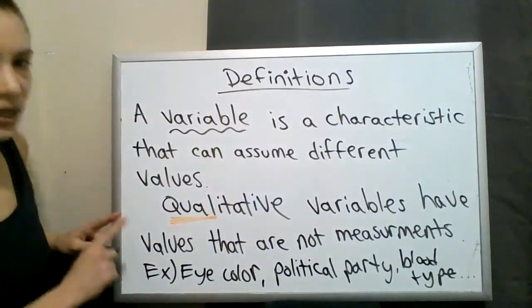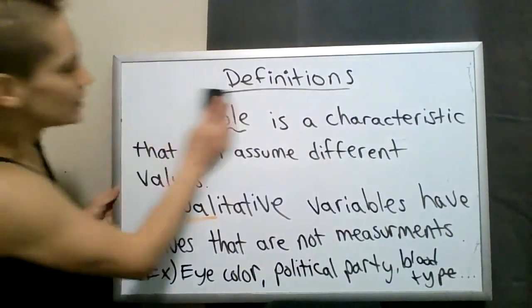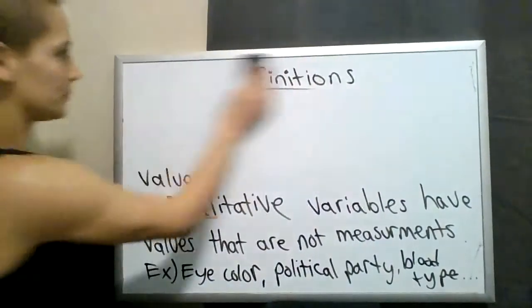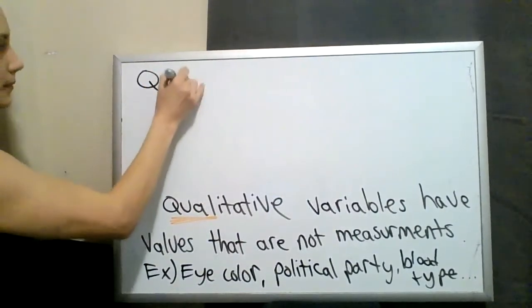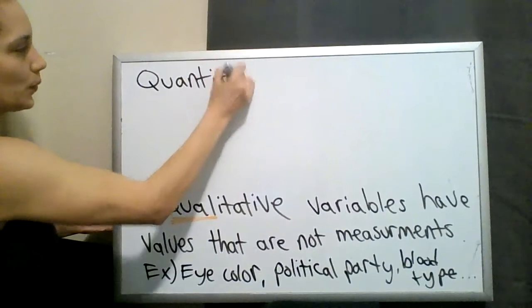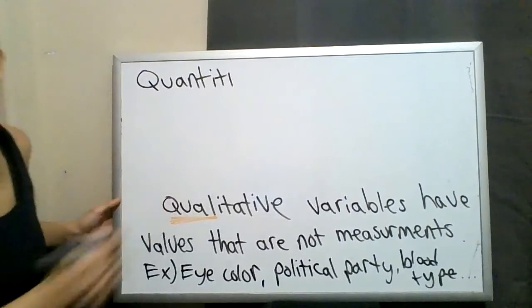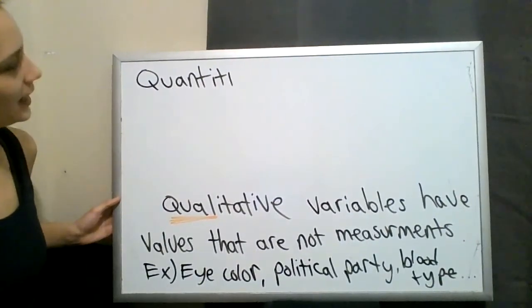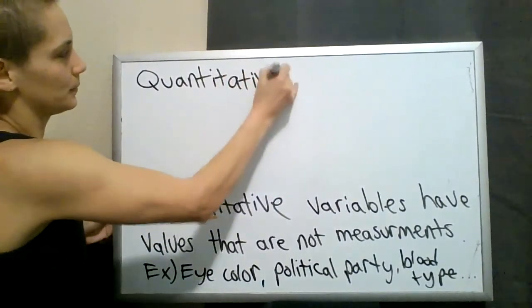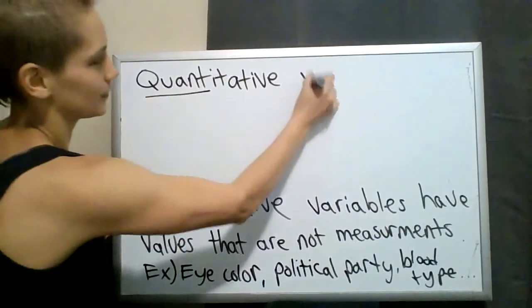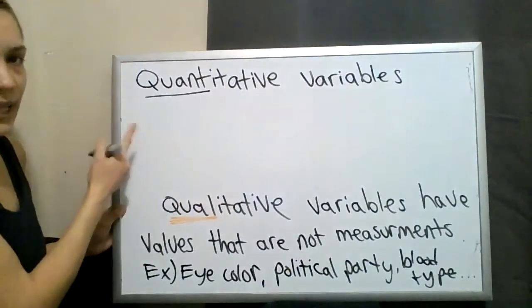The other is quantitative variables. Quantitative for quantity. They have values that can be measured.